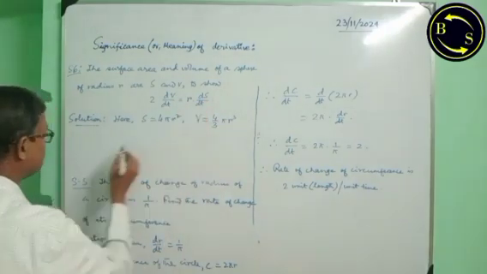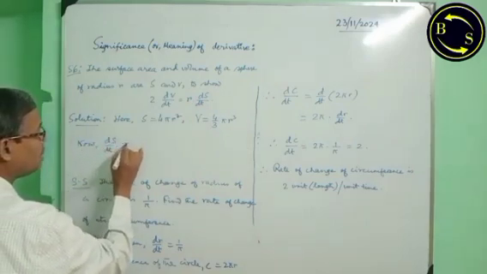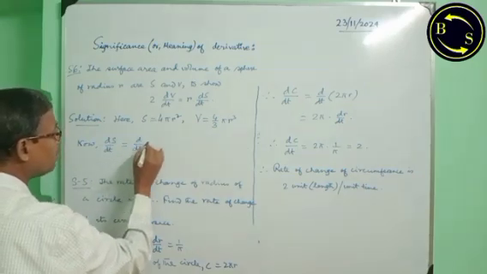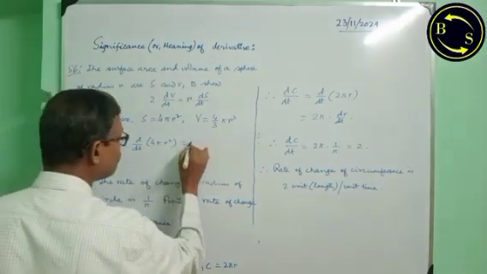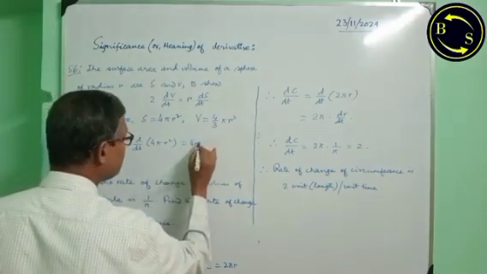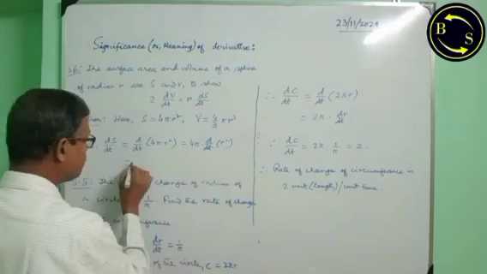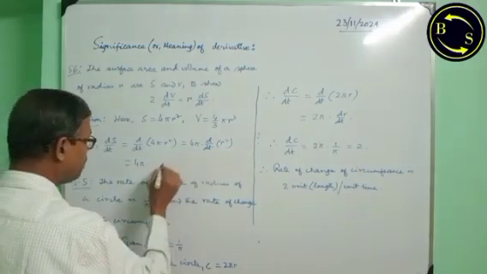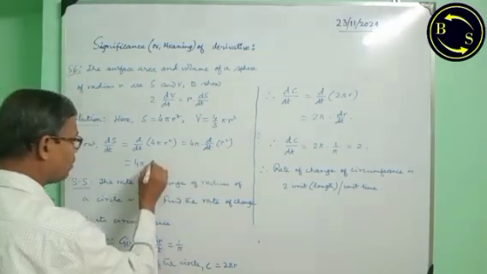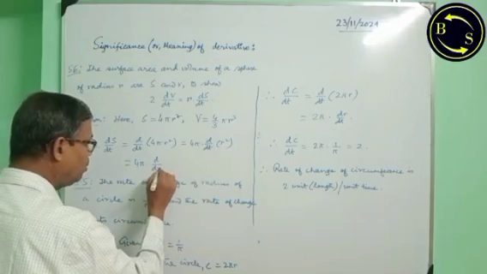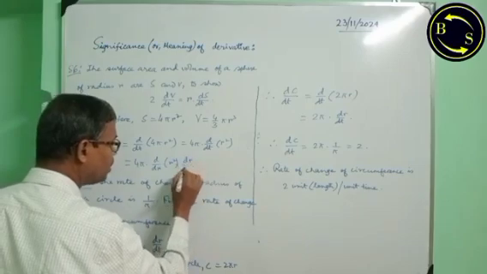First I find dS/dt. Now dS/dt is equal to d/dt of 4 pi r square. 4 pi is constant, so 4 pi into d/dt of r square, that is equal to 4 pi into, this is a function of r, therefore d/dr of r square into dr/dt.